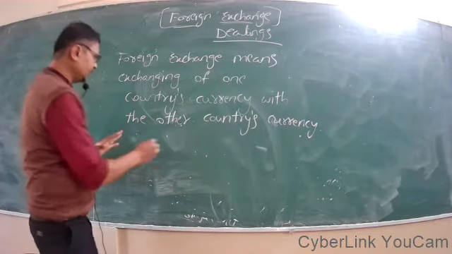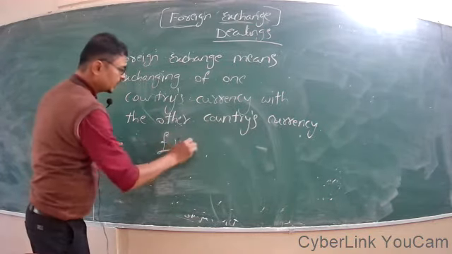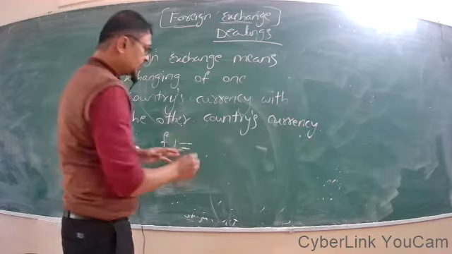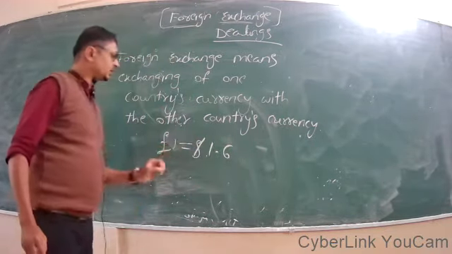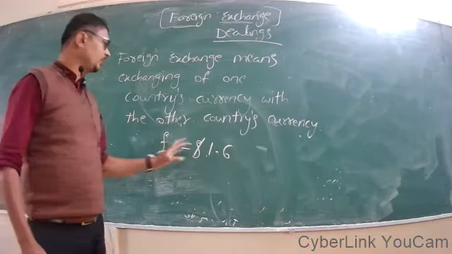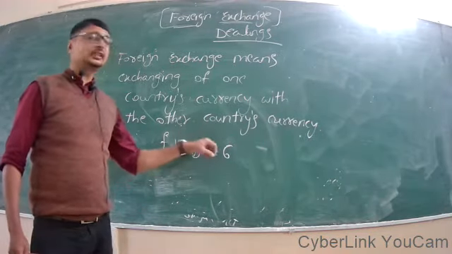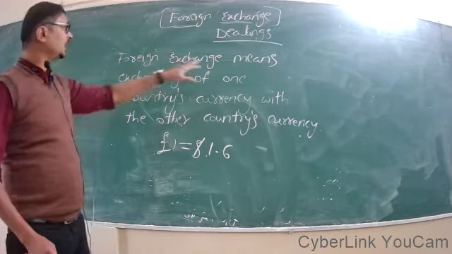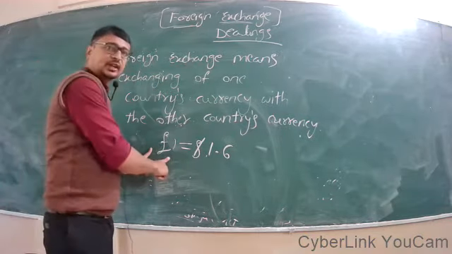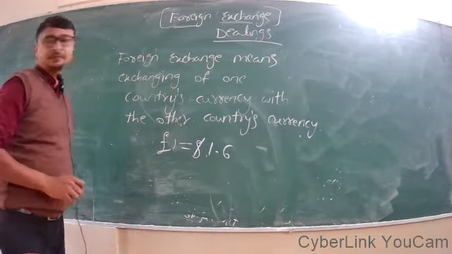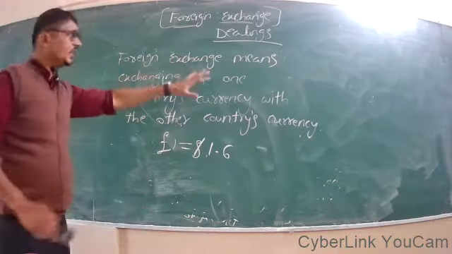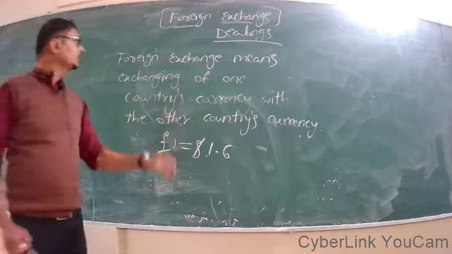Say, for example, one sterling pound can be exchanged with US dollar 1.6. That means to buy one sterling pound, US dollar 1.6 has to be paid. That is the exchanging of one country's currency with the other country's currency, called foreign exchange. Right? These things are repeatedly asked for 2 marks in your SEM exam.